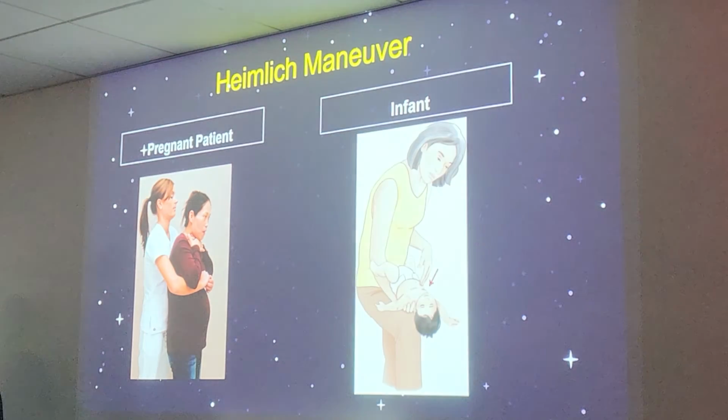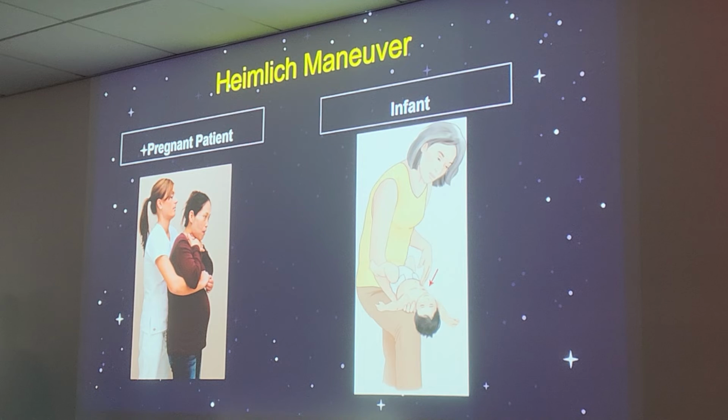For a pregnant patient, obviously you're not going to thrust into their stomach, correct? So you would place your arms under their armpits by the breastbone. For babies, you would hold the baby along your forearm, right?